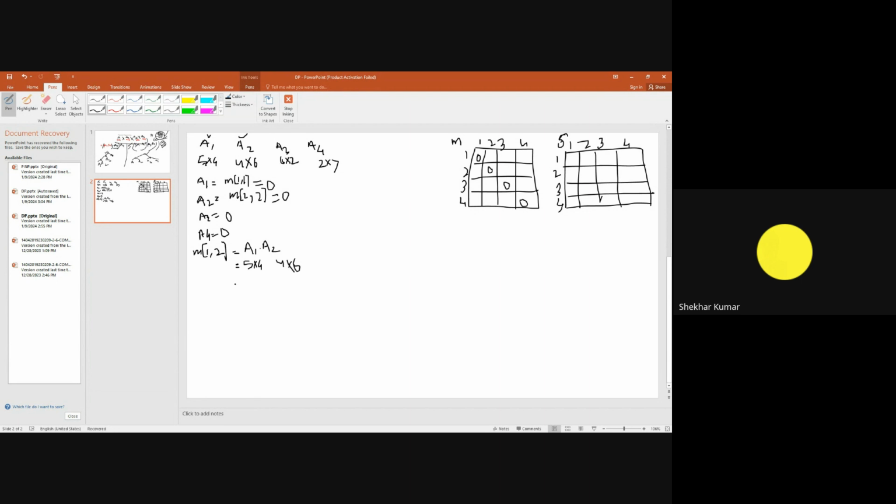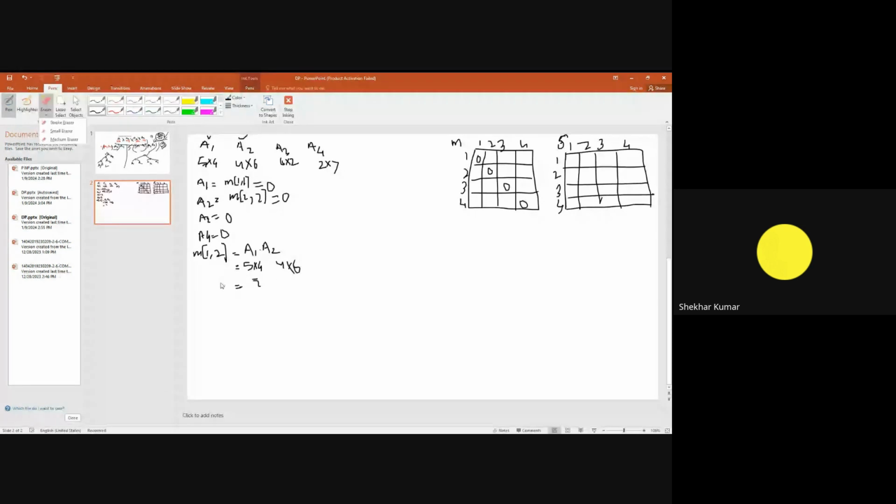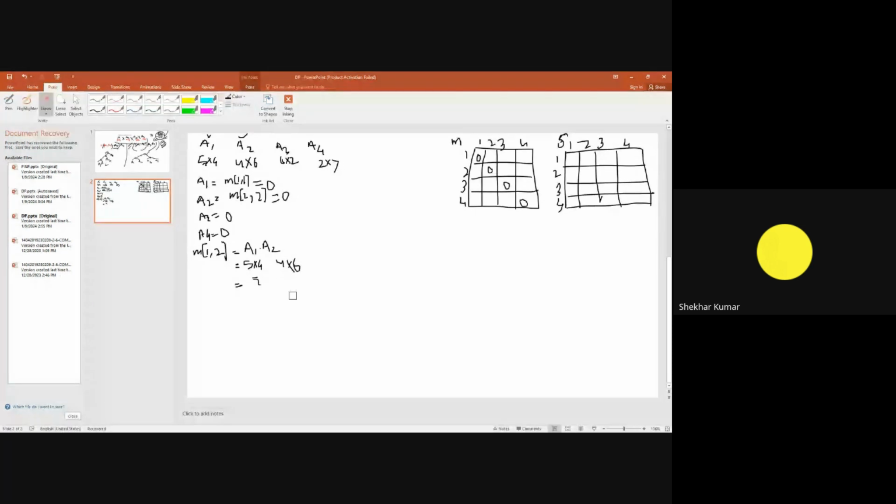So the total number of multiplications should be 5 into 4, 4 is common, into 6. So the value is 120.